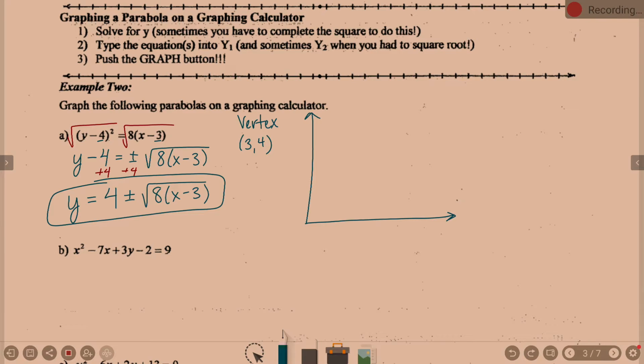And so if we 3, 4, and then one thing I would check, when I graphed this previously on my own, I did look and see where it crosses the x-axis, and it looks like it crosses maybe around 5.